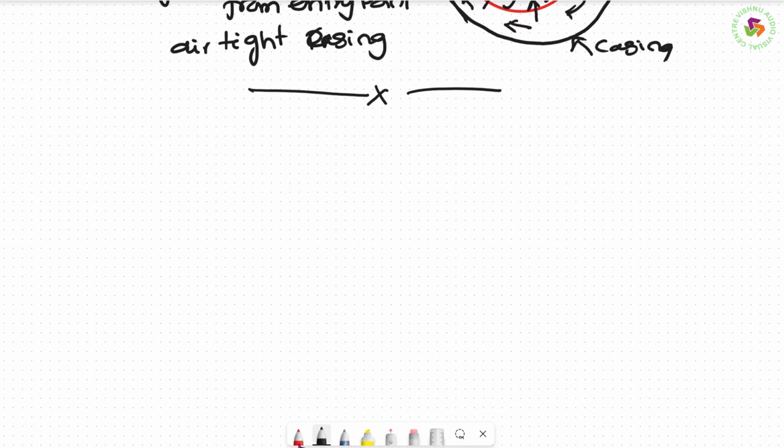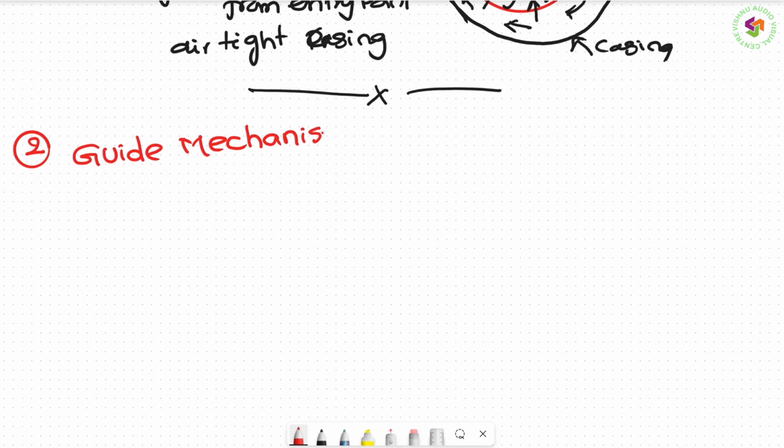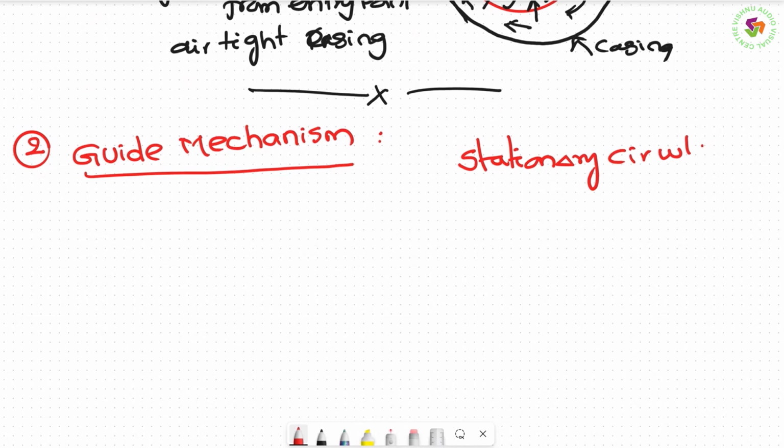Let us go to the second component. The second component is the guide mechanism. What is this guide mechanism? It's again a stationary circular wheel, right?